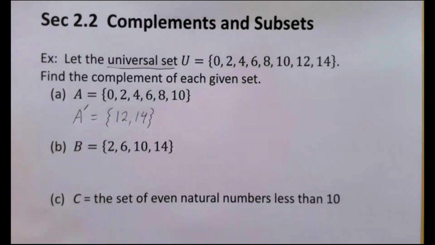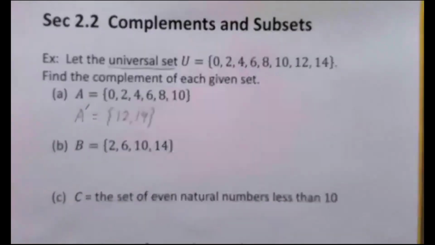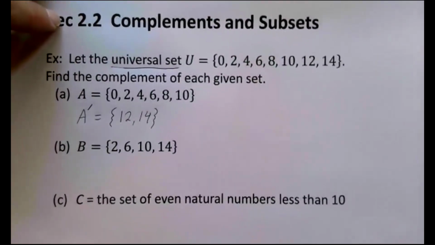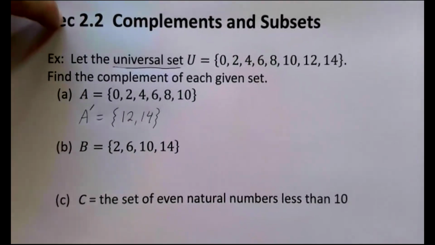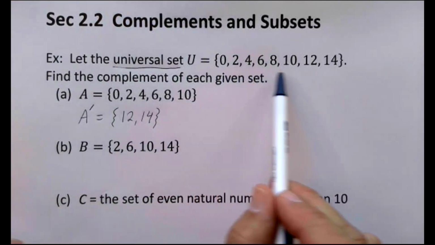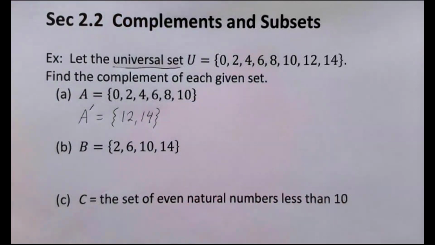And that's really it. It's the opposite of set A. It's everything that's not in set A when compared with the universal set. So A along with A complement has to make up the entire universal set.